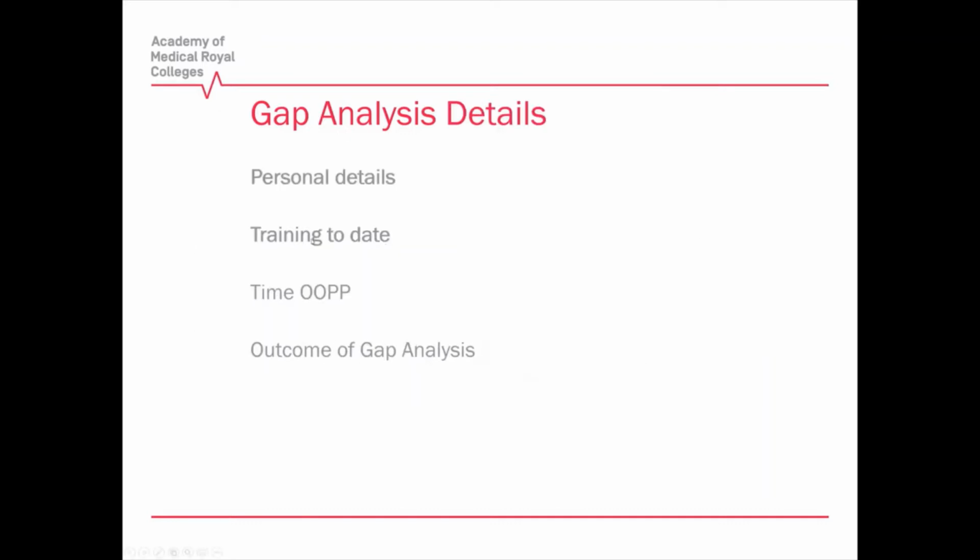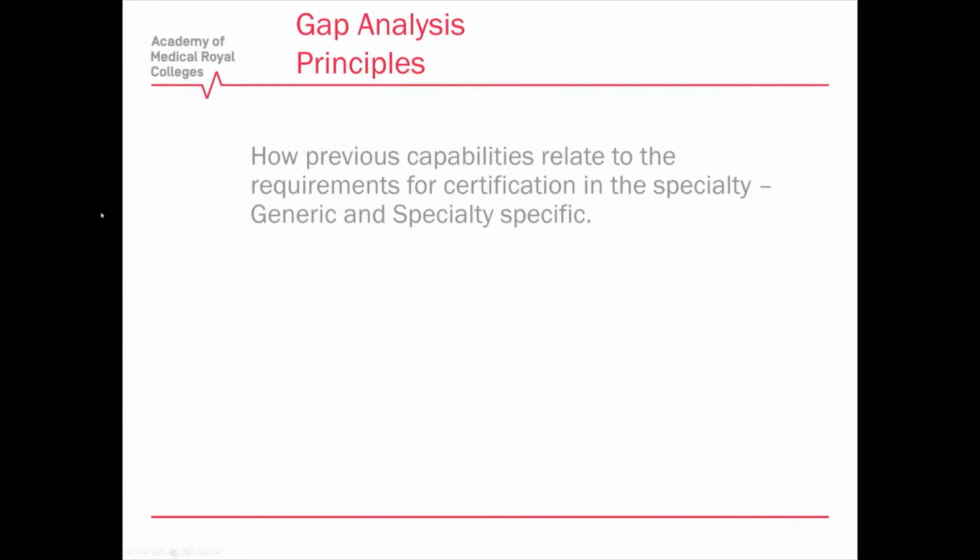Now, the gap analysis is broken into 2 parts. The first part looks at what will be the standard information that is part and parcel of the ARCP forms, namely the personal details and training to date. Next slide, please. So when you are looking to go on an UP, it's appropriate to understand what capabilities you have already gained, and to a certain extent you'll have done this in preparation for your ARCP.